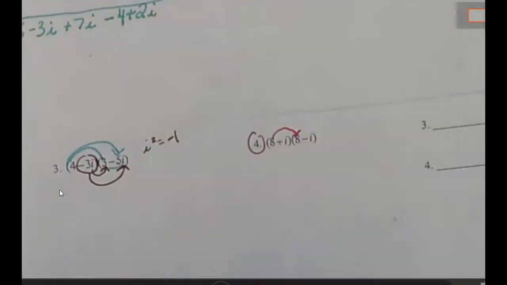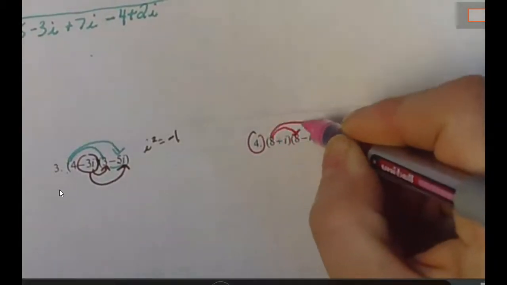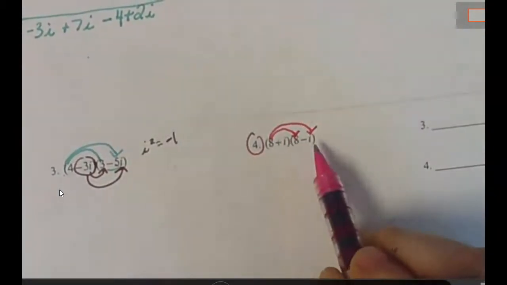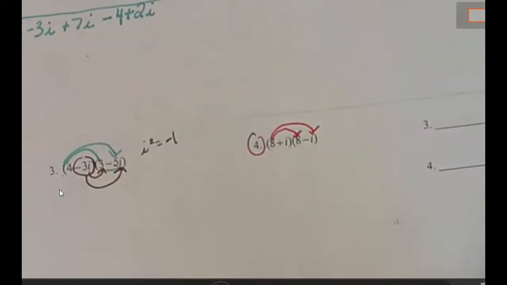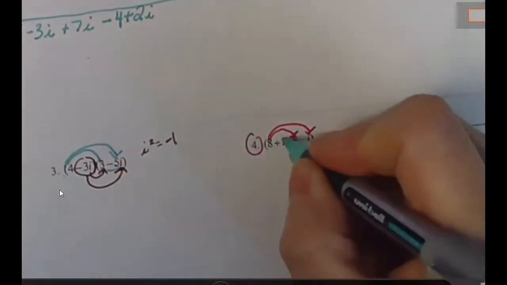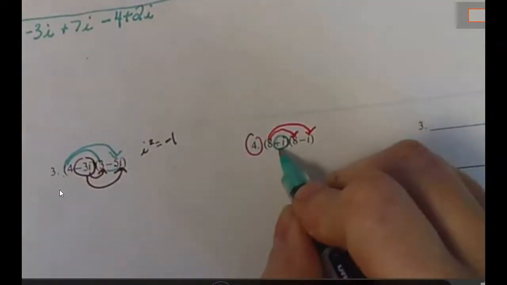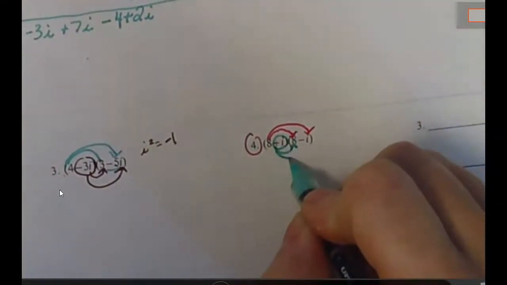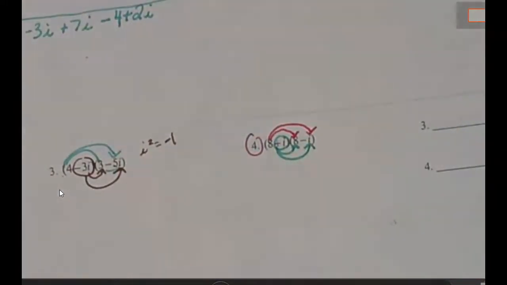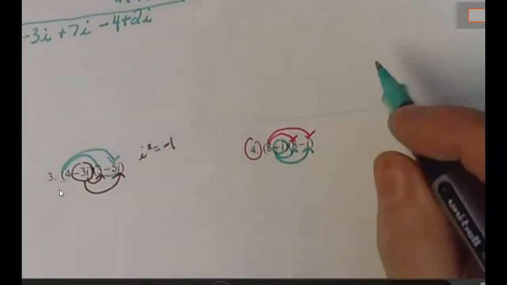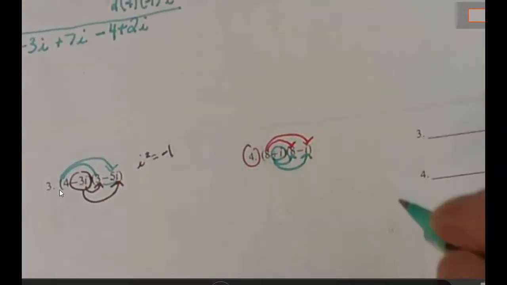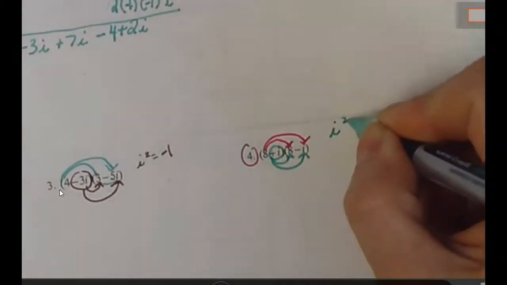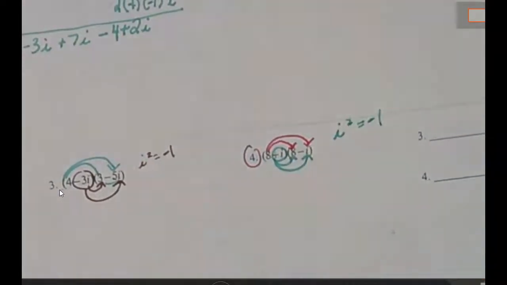8 times 8, and then 8 times negative i, and then a positive i times 8, and an i times a negative i is going to give you a negative i squared. And remember, i squared equals negative 1.